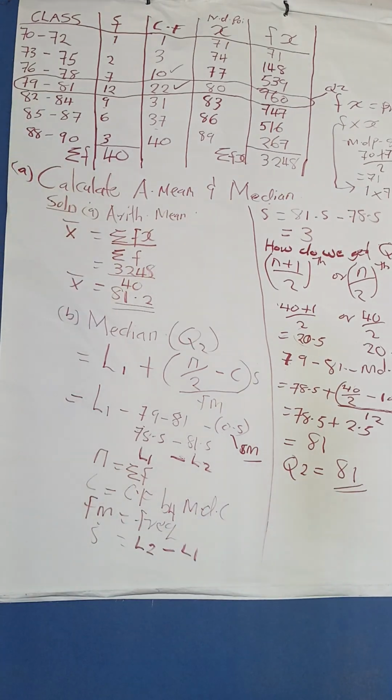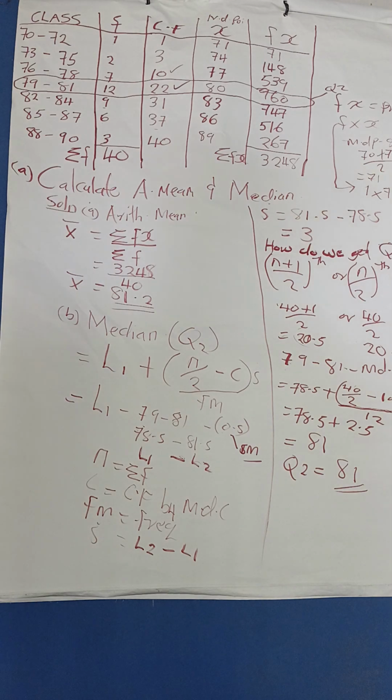Good. So that is how, very simple and very clear to us today, that we are able to calculate the arithmetic mean, and also the median for the grouped data, step by step. The first step, come up with the frequency distribution table.